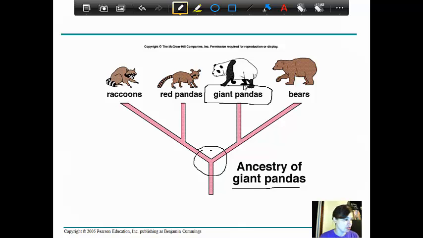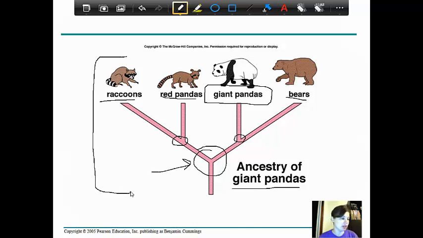But we're also showing its other relatives, red pandas, raccoons, bears, and its common ancestor right down here. You can see all these divergent points that led to the relatives of the giant pandas that we have today. So this is a cladogram, and the whole group is called the clade: the giant panda, its common ancestor, and all its relatives.